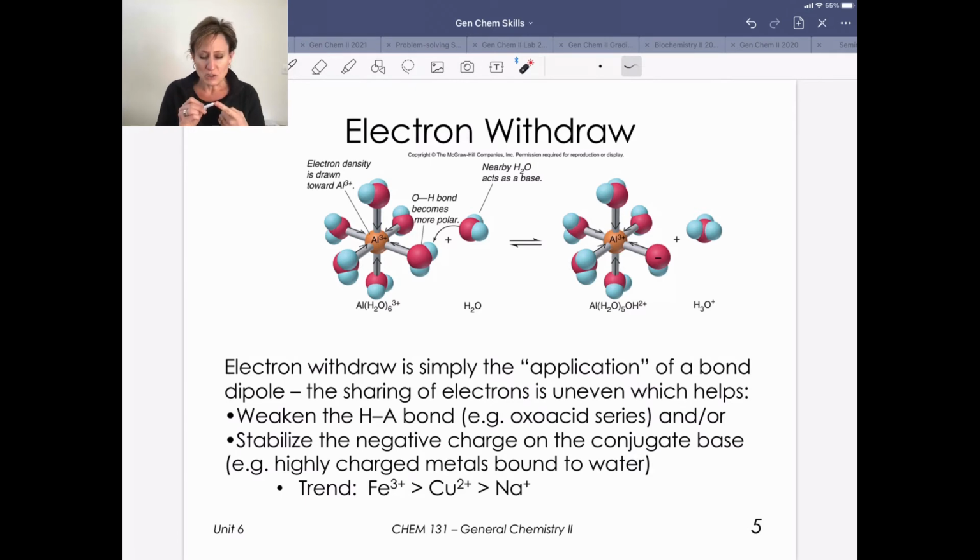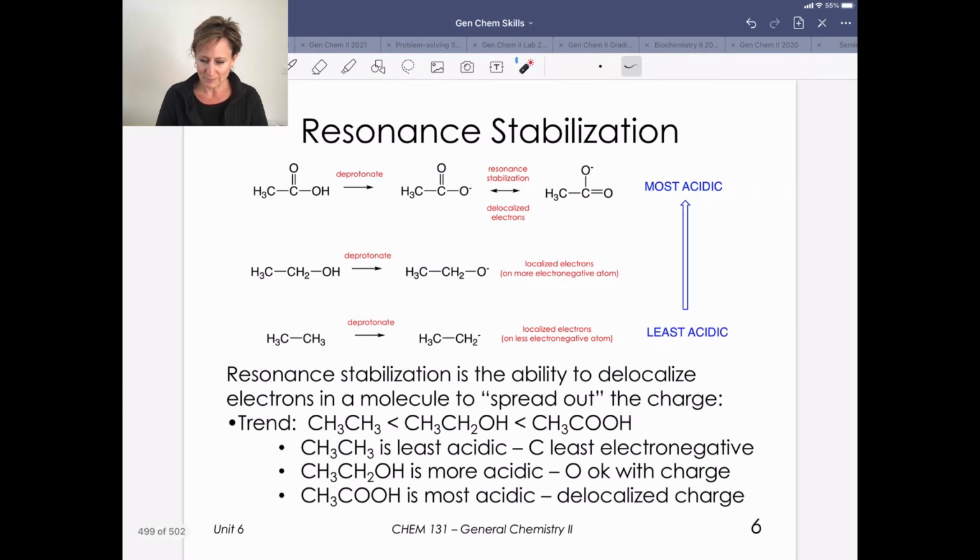Not only is it going to weaken it, but when we have a negative charge on that resultant hydroxide ion, that's going to help stabilize it. So a lot of these processes overlap and work together when we talk about electronegativity, dipoles, and electron withdrawal. But all of them help to do two things: weaken the hydrogen-conjugate base bond and also help stabilize that conjugate base after we've done the deprotonation.